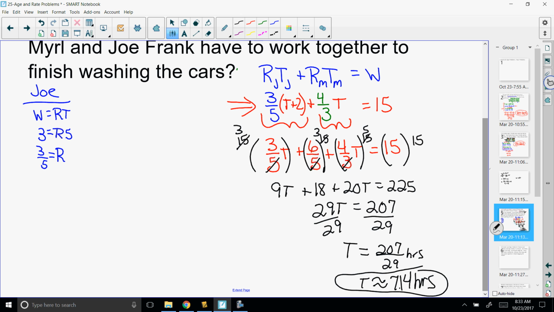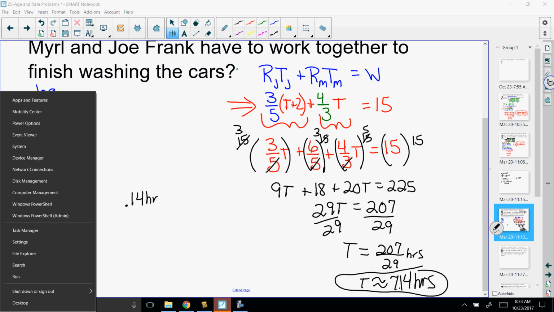Now, if you wanted to, you could figure out the fraction of an hour and figure out how many minutes that is. Do you know how you would do that? You'd have 0.14 hours, and you would say that there's 60 minutes in 1 hour. What do you get when you multiply that? 8.4.